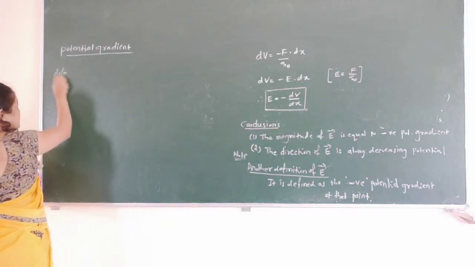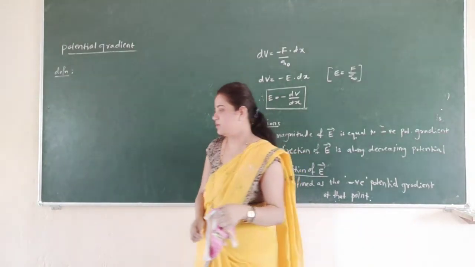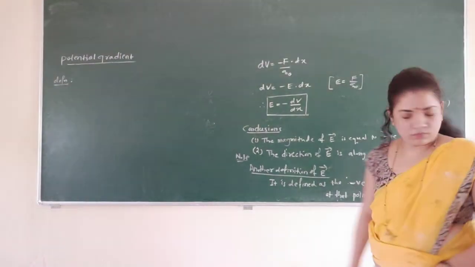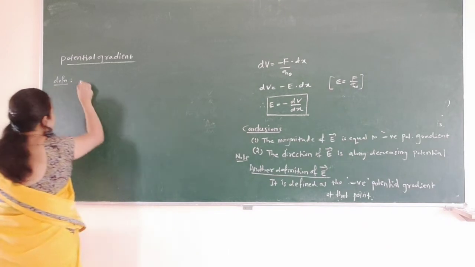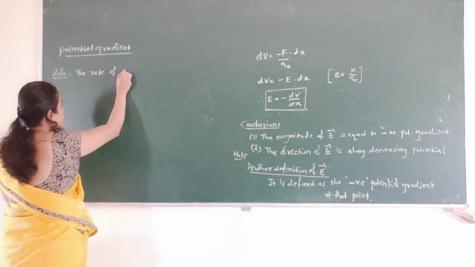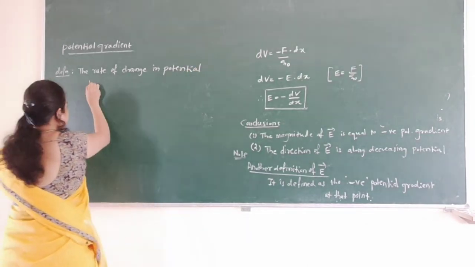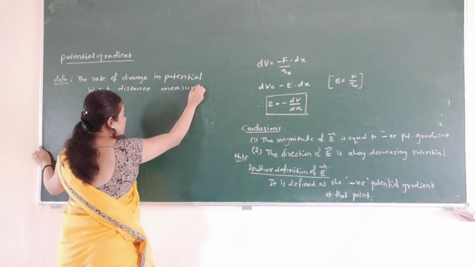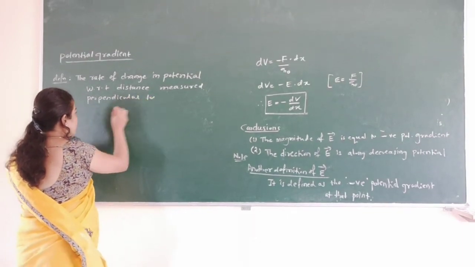Definition: the rate of change in potential with respect to distance, measured perpendicular to the equipotential surface, is called potential gradient.